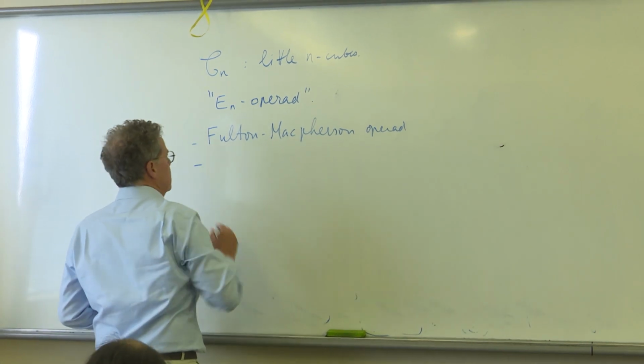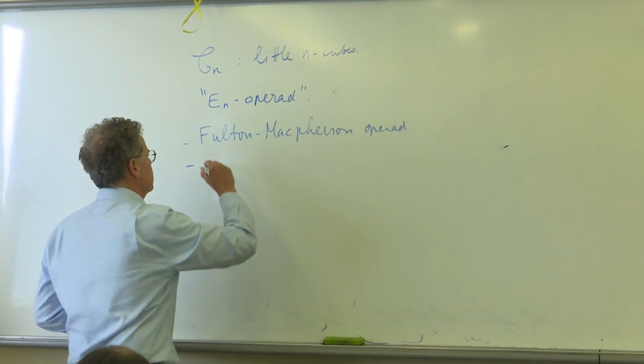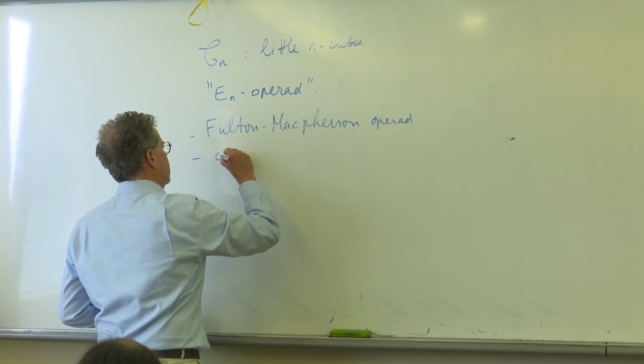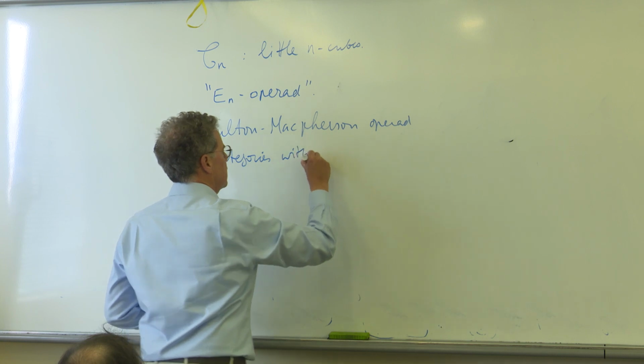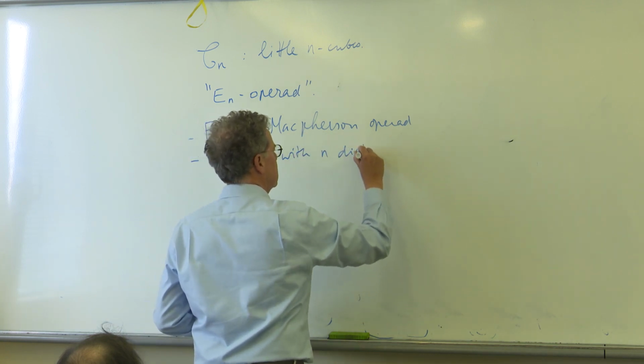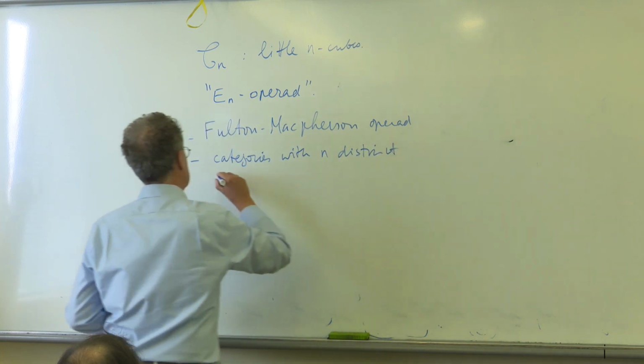There is a way of constructing En operads from categories with n distinct monoidal structures.